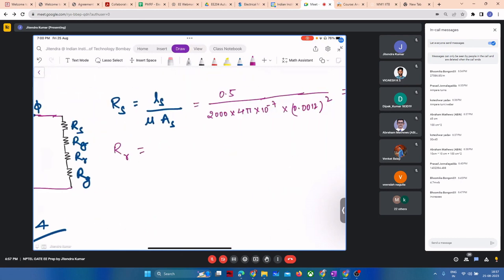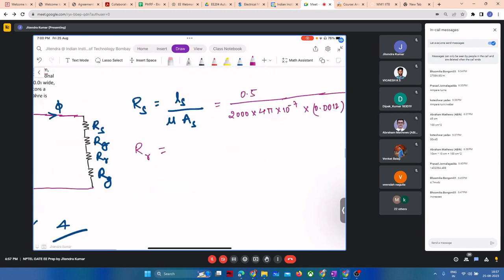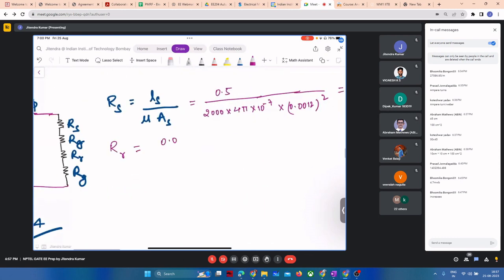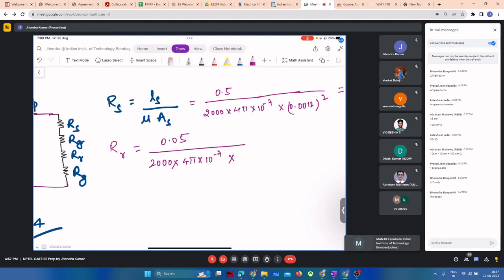So again, 5 centimeters will be 0.05 divided by 2000 into 4 pi into 10 raised to power minus 7 into area, which is the same.